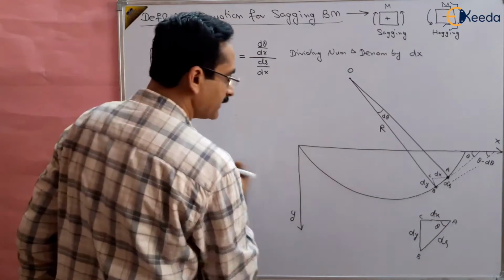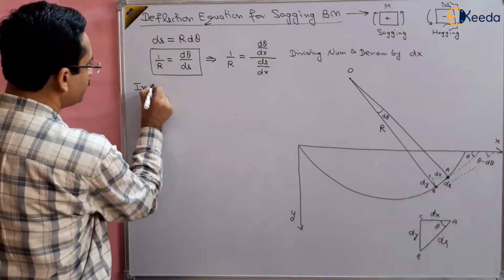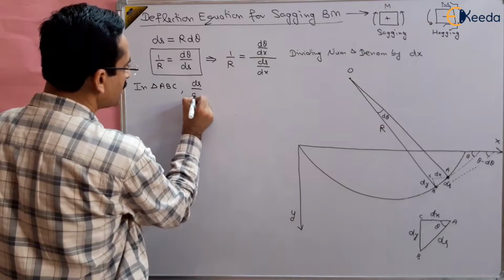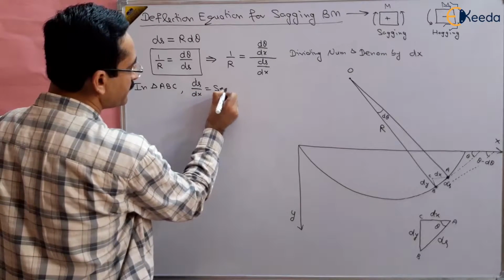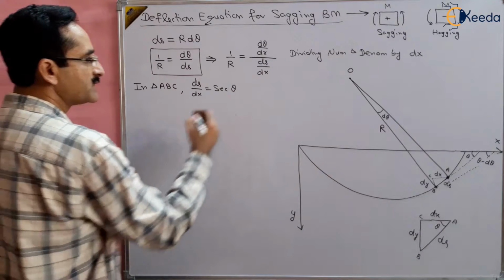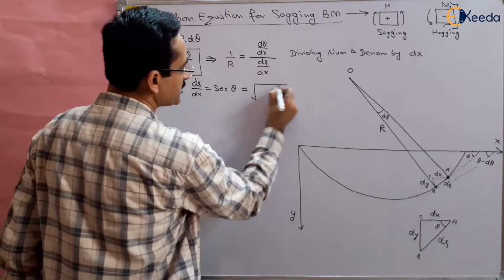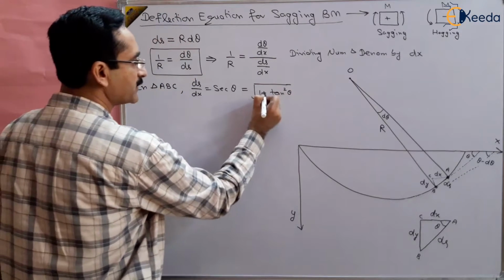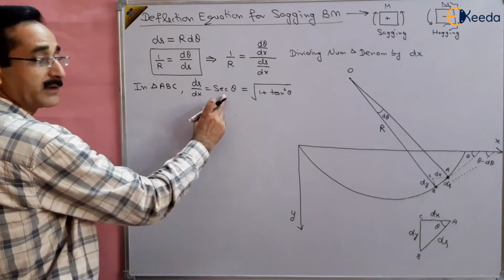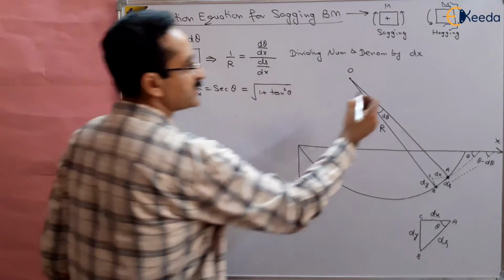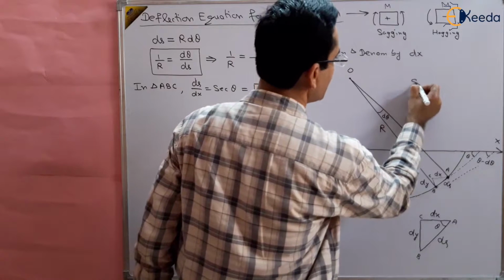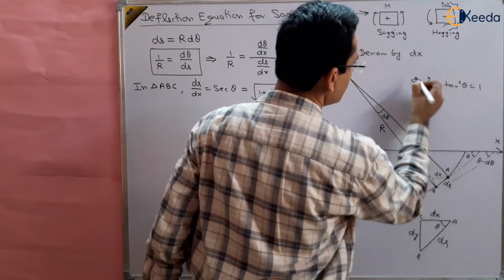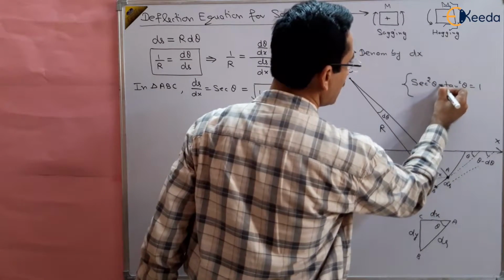So ds by dx is basically secant theta, which can be written as under root 1 plus tan square theta, because you know that secant square theta minus tan square theta equals 1. This you already know by trigonometric application.